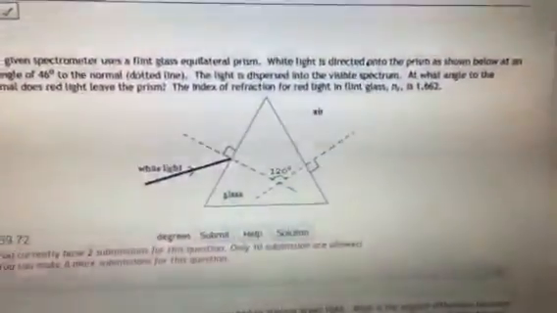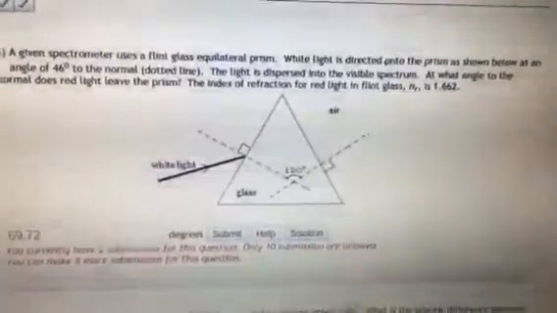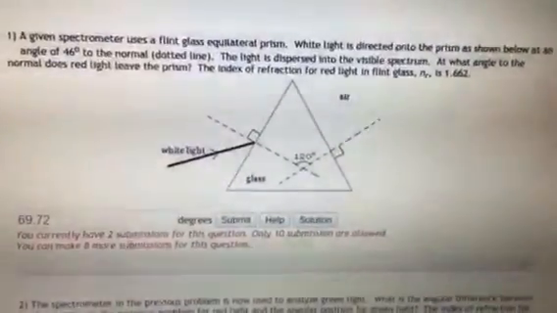To do that, we just subtract 120 degrees plus 25.64 degrees from 180. We obtain 34.36 degrees there. Again, that's going to give us the incident angle, or the angle at which light is going to contact the boundary between prism and air.